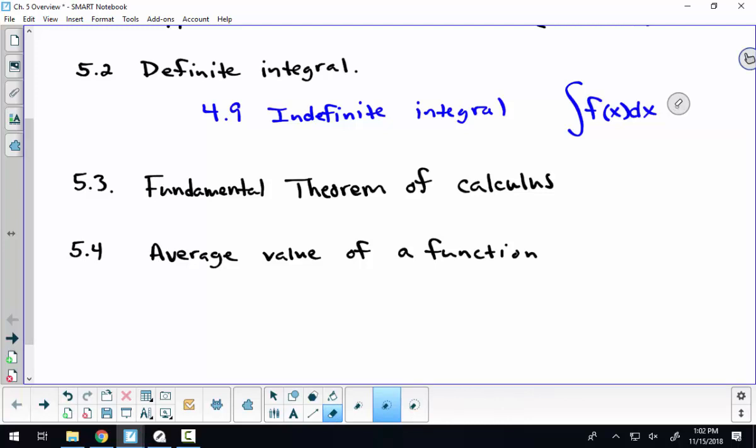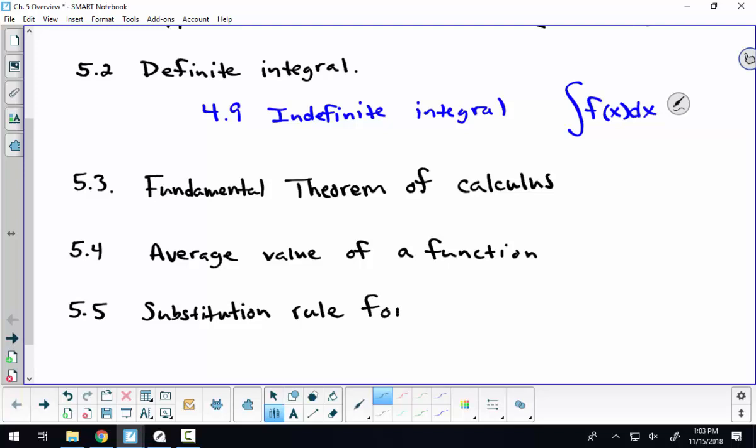Can't quite remember. 5.5, we look at substitution. Substitution rule for definite integrals.